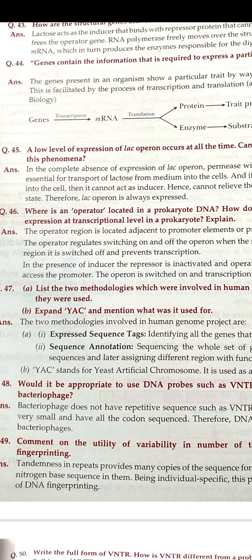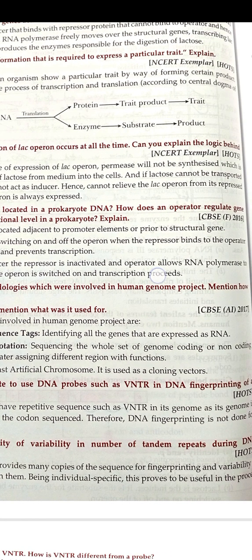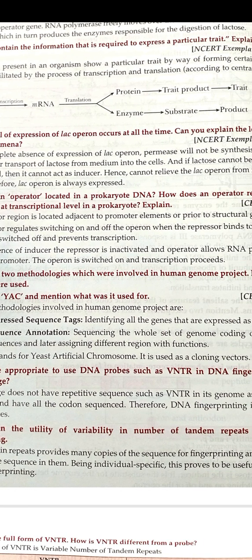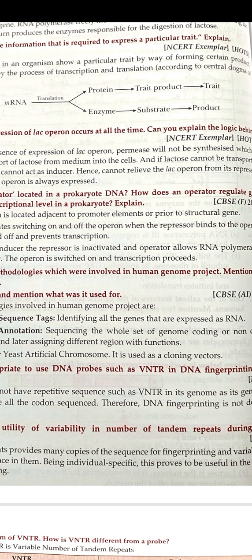This is facilitated by process of transcription and translation according to central dogma of biology. So you see here, genes after transcription will form mRNA, and then translation to produce protein or enzyme. Protein, trait, product, trait. An enzyme is bound with substrate and converted into product. Okay.